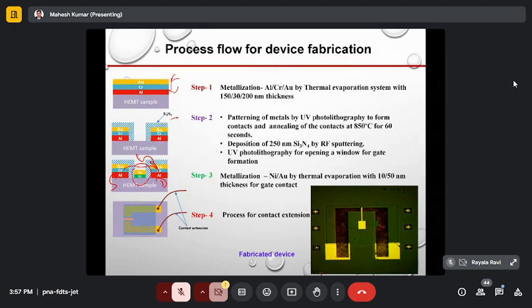Here you can see the device structure. This is the source, here is the drain, and this is the gate. The source and drain have been isolated by depositing this silicon nitride layer, and you can see this is the silicon nitride layer.